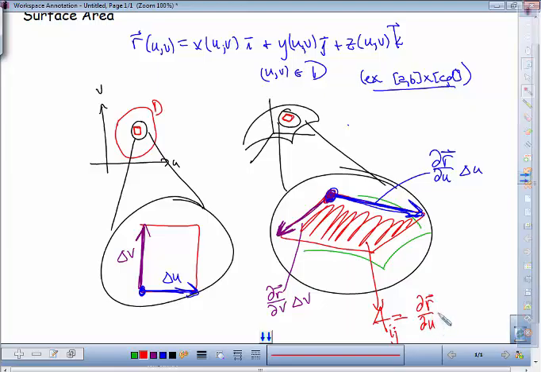I guess it doesn't matter which order, because it doesn't matter which direction we're crossing. Normally it would, because it's anti-commutative, right? Depending on how you cross it, you'll get the negative of each other. But if you're going to take the magnitude, it's not going to matter.